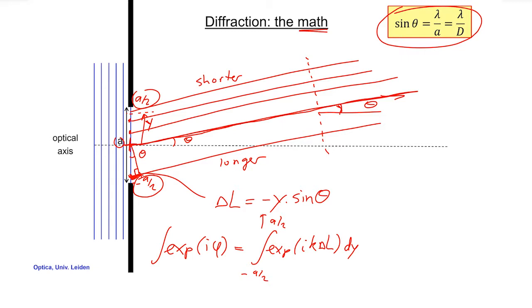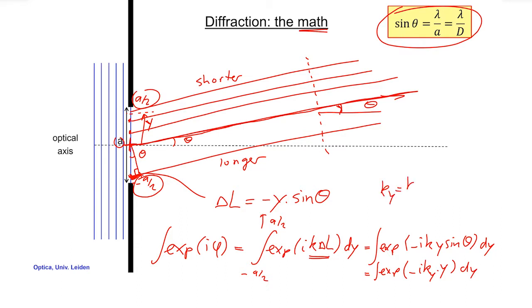And this factor, k times delta L, we just expressed as minus i k y sine theta, dy. We can also write it a little bit shorter as e to the i k_y y dy, where k_y, the y component of the wave vector, is k times sine theta, per definition you might say.